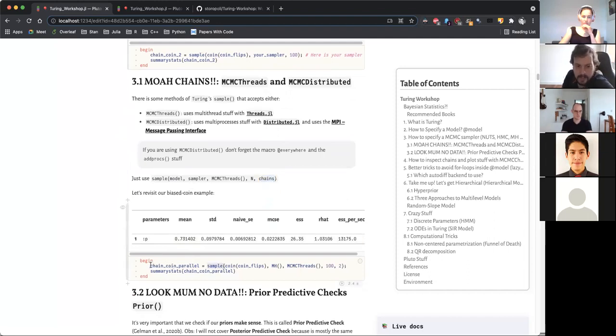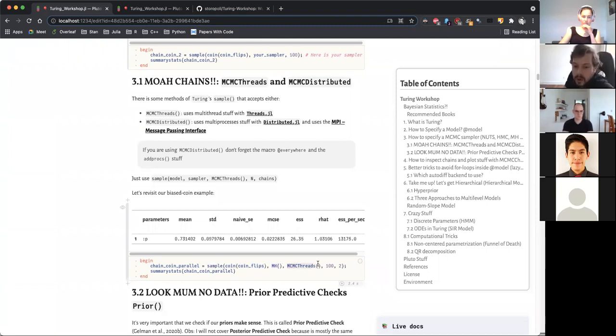We say, okay, now I'm creating a new MCMC chain object, it's the chain coin parallel, and I say, okay, sample for my coin model using the coin flips array as an input using a Metropolis-Hastings sampler.